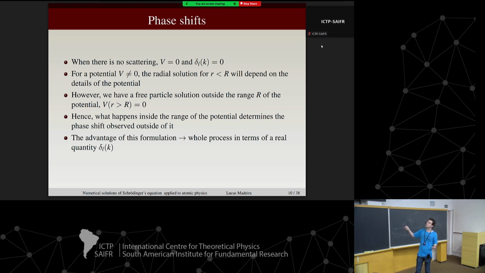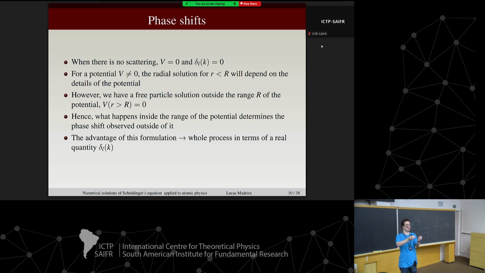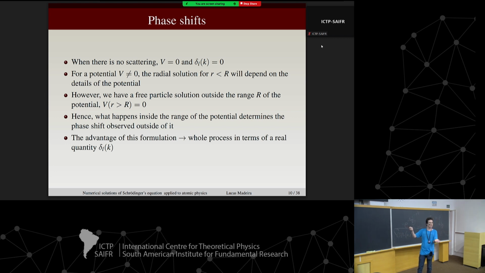However, if you have some potential that's different than 0, the radial solution inside the range of the potential is going to depend on the details of the potential, right? You give me one potential, I'm going to tell you what's the solution inside the range. But outside, it's always the same, because outside, V equals 0, right? So we know what's the solution outside the range of the potential, no matter what's the functional form of it, all right? So whatever happens inside the range of the potential is going to dictate the phase shift outside.